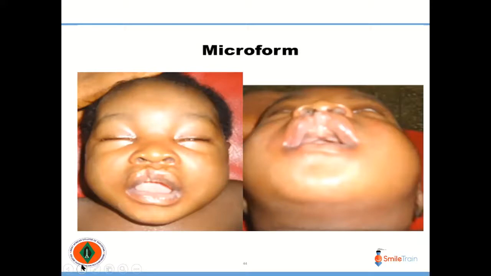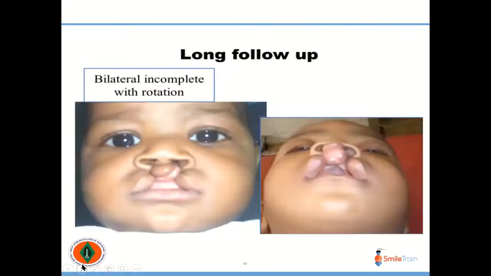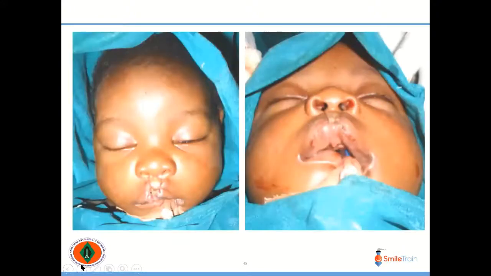So this baby has a microform on the left and an incomplete on the right. And you can see from the worm's eye view, you really don't need to touch the nose in this case. Next. Yes, so we've done a straight line repair, and in doing the straight line repair, we've now got the alignments that we seek. And in this case, the patient is satisfactory.